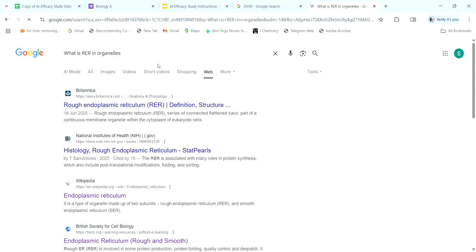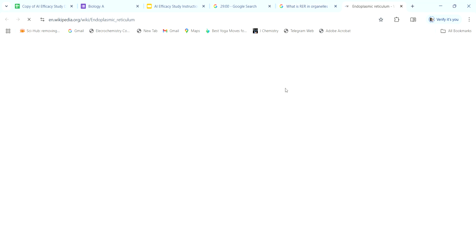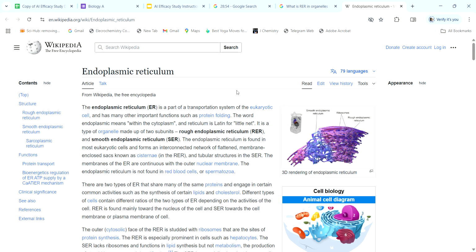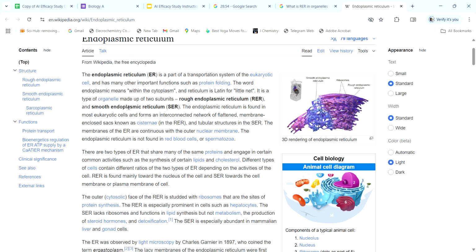Okay, so this is the endoplasmic reticulum, and the endoplasmic reticulum is a part of the transportation system of the eukaryotic cell and has many other important functions such as protein folding.